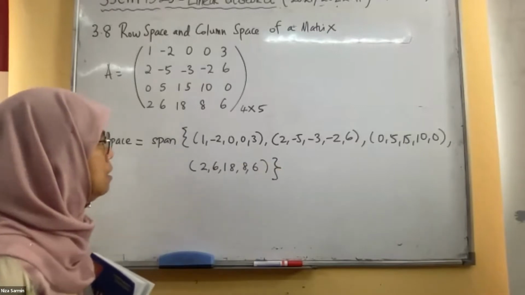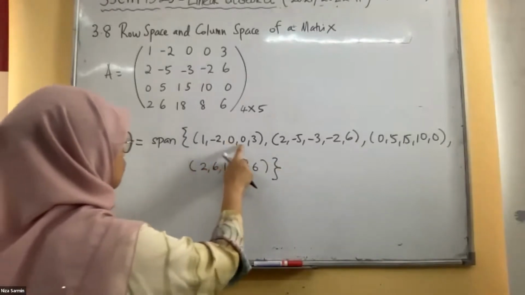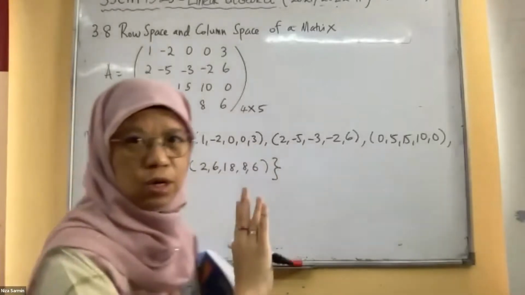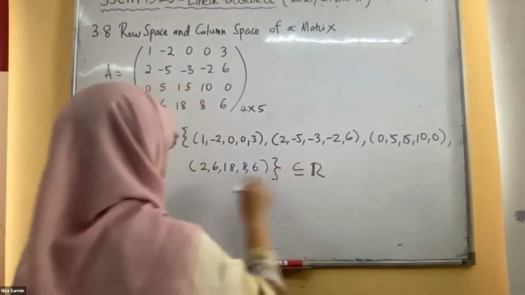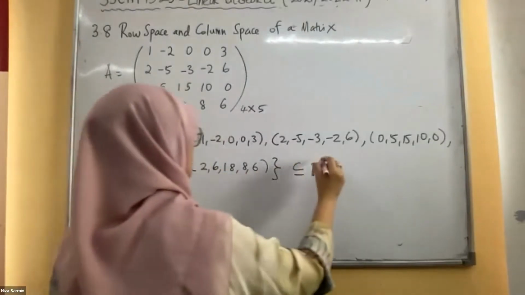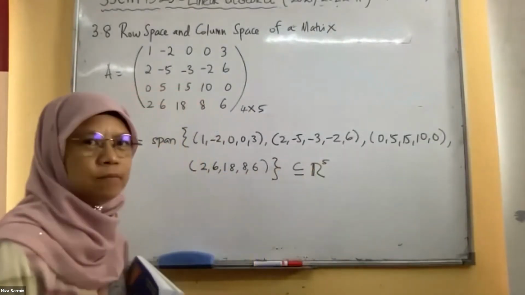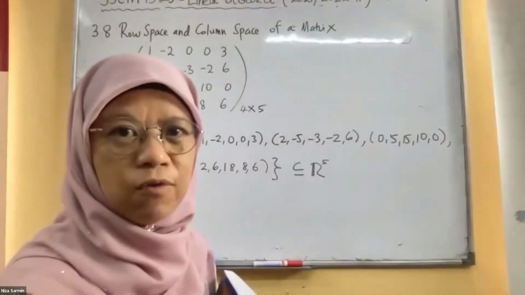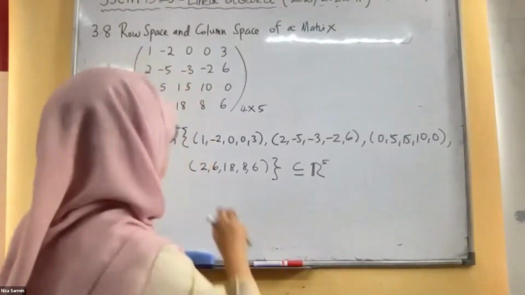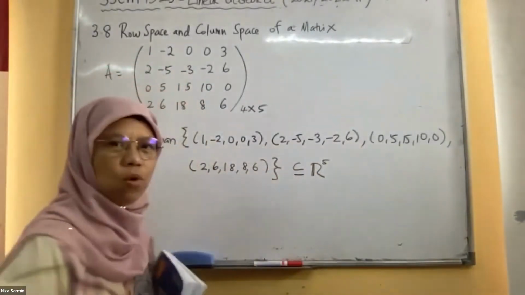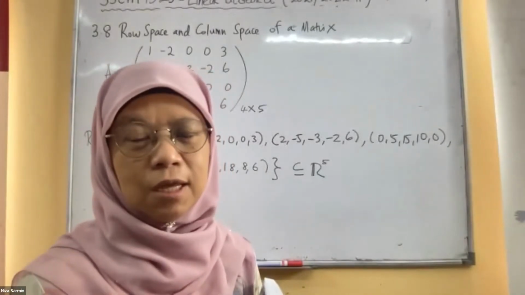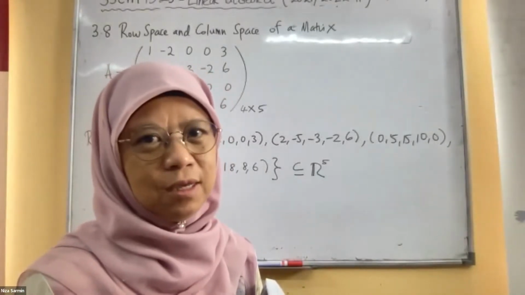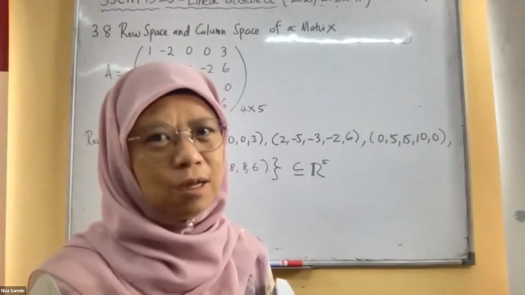Now this is 1, 2, 3, 4, 5, but there are only 4 vectors. This is a subset of R5, but you only have 4, so definitely the spanning set is not R5. It cannot span R5.